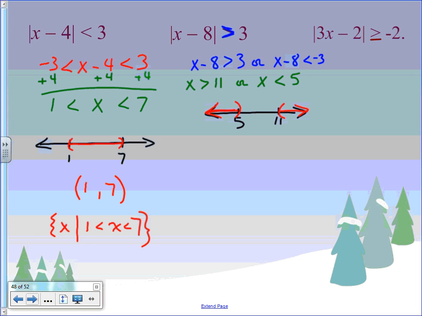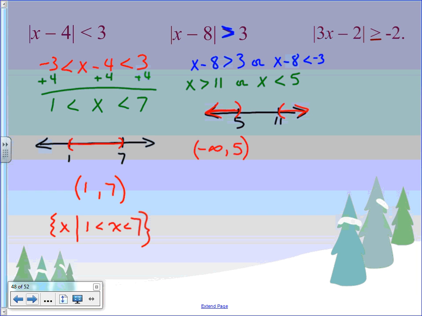Now, we have not done an interval notation where we had two pieces on the line yet, so this is new information. Pay attention. Interval notation here. We're going to start on the left points and start talking about where we are. The left arrow there is negative infinity. All the way, the interval goes all the way to 5. Again, negative infinity always gets a parentheses, and 5 has a parentheses.